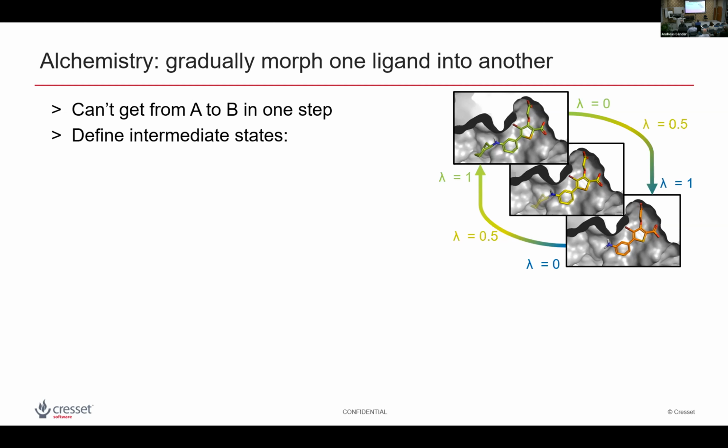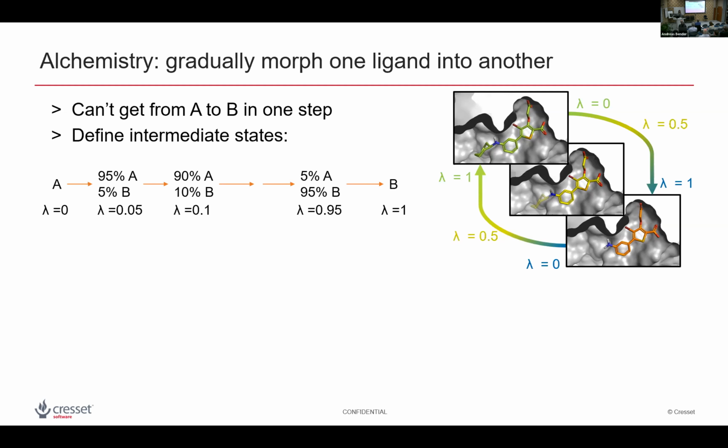These are states of the molecule that you cannot make in the lab. They are unphysical, and that's why these calculations are also called alchemical free energy calculations. In these intermediate states, we have a bit of molecule A and a bit of molecule B. So for example, for lambda 0.05, we have 95% of molecule A and a bit of molecule B.